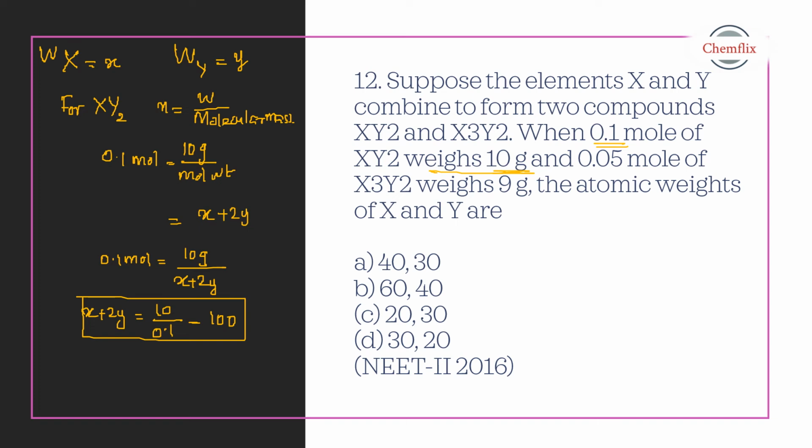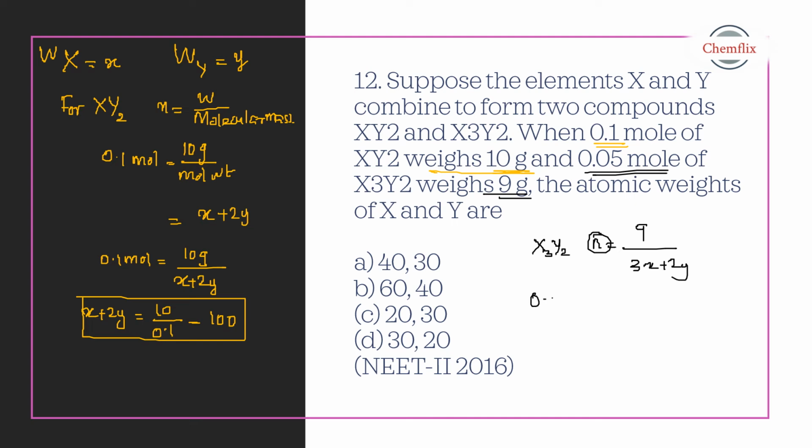Now we are moving to the next one, that is X3Y2. For X3Y2, the number of moles is equal to mass in gram divided by molecular weight, so 9 gram divided by 3x plus 2y. The number of moles given is 0.05 moles.